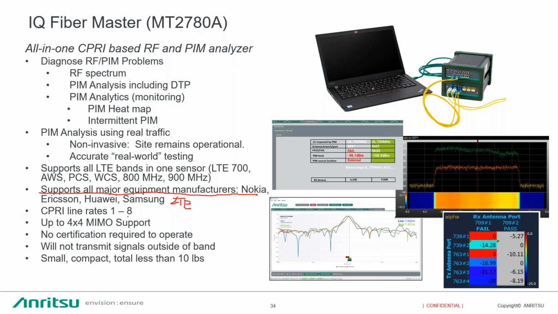We can go up to line rate 8, which is 10.1 gigabits per second. It's got the ability to look at multiple downlinks. So we can do 4x4 MIMO support handily, which is a big deal when you start to talk about multiple transmissions in the same frequency.